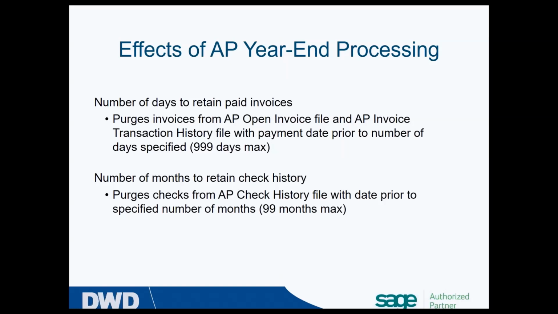So they're not gone, but you can't see them necessarily from the vendor inquiry anymore. You actually have to do a history inquiry to find those documents. For the checks, you've got 99 months to hold on to your check history. After we pass that particular point in time, then those early checks will start dropping off.